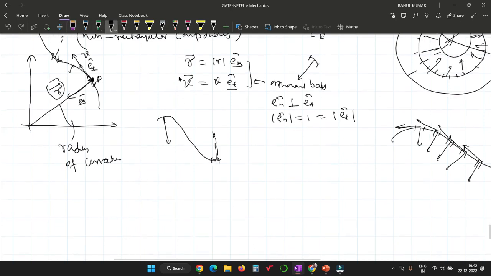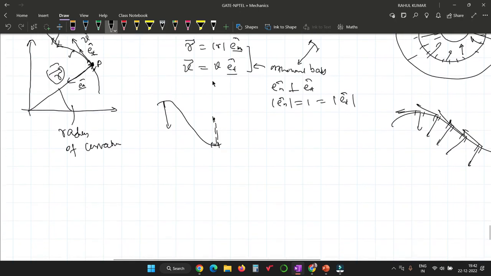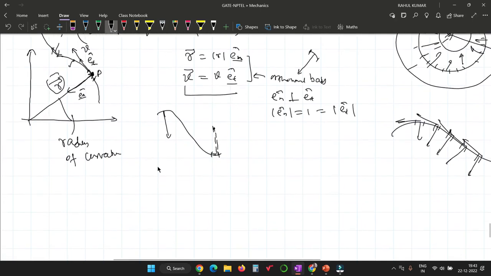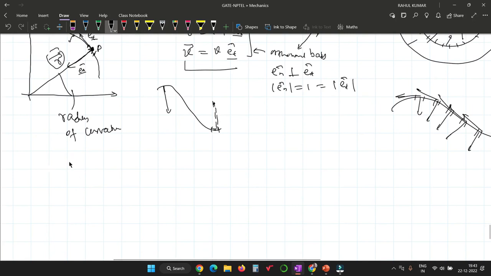Now here it is V. V can be written as V Et cap, where V is a scalar. Now differentiate this. So dV by dt, you will get d by dt of V Et cap.